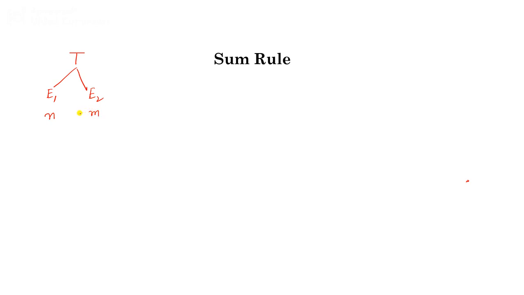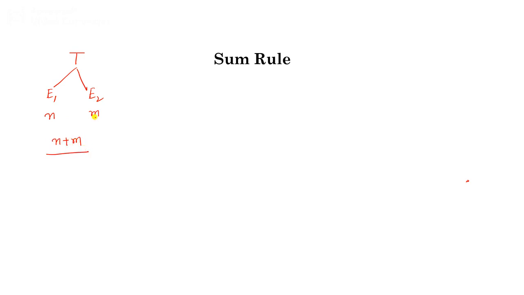Then the number of ways in which you can complete the task T, that is, the number of ways to perform E1 or E2, is given by n plus m.